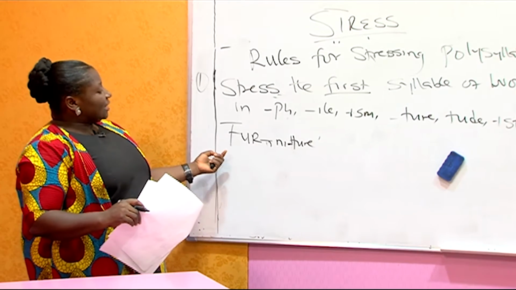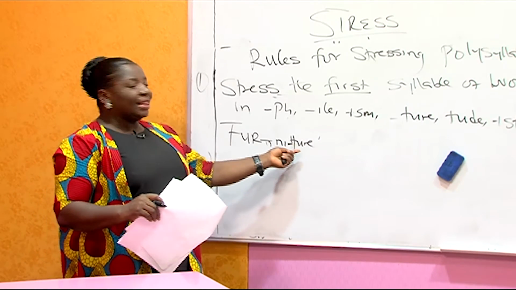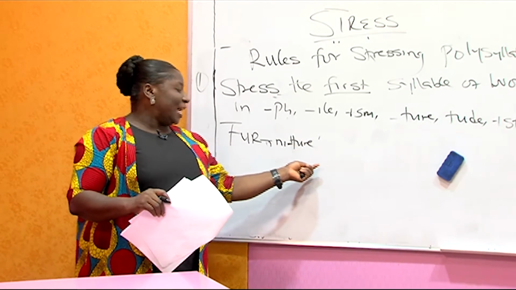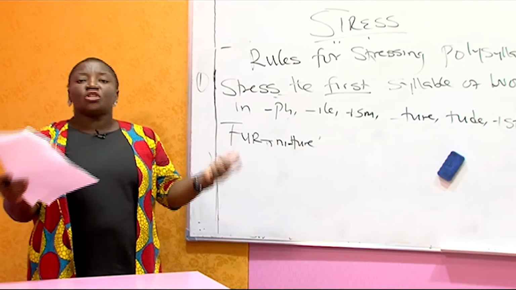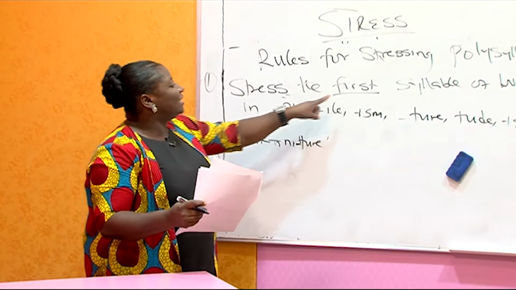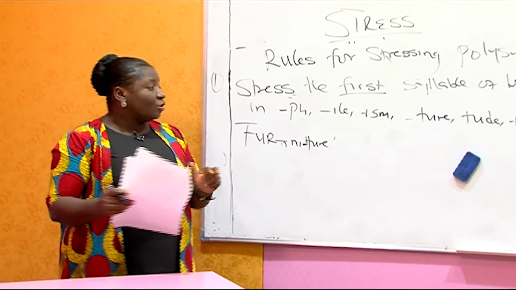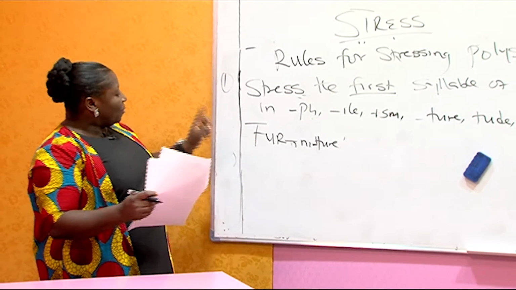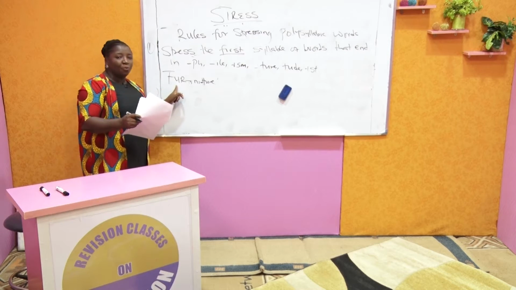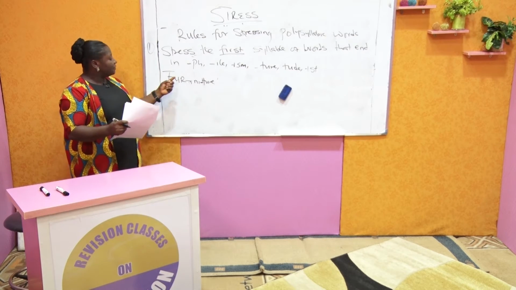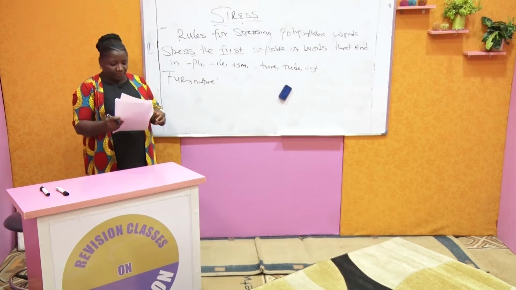So you notice that in the word furniture, the last syllable is actually TURE. Because the rule says you should stress the first syllable, and this word is a three-syllable word, automatically it is the first syllable, FUR, that receives the primary stress.